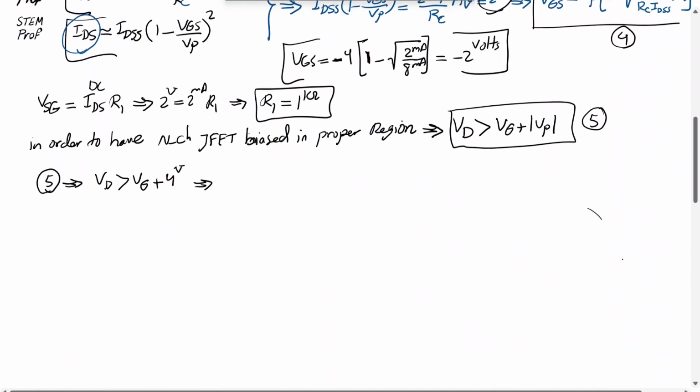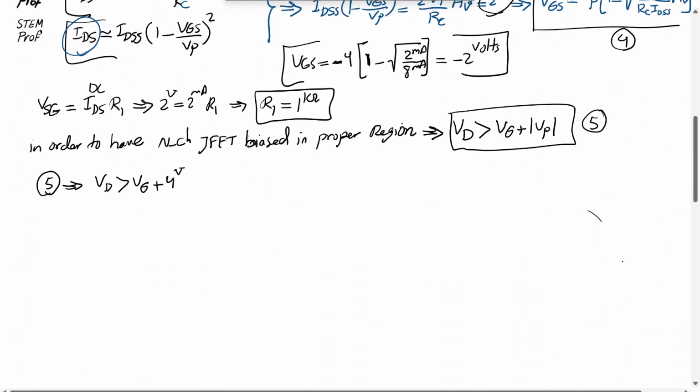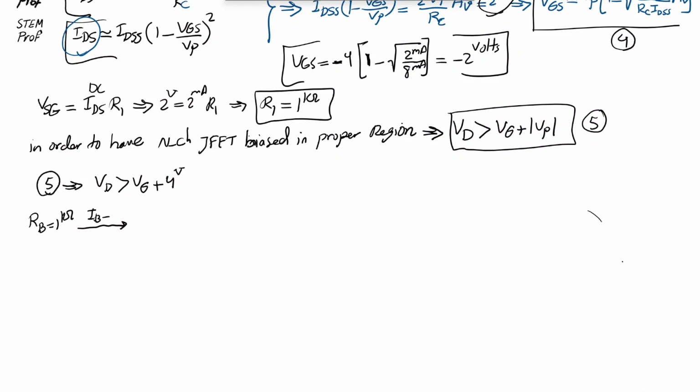So I'm going to write it here. I know that with RB selected to be 1 kilo ohm, and given that I base, which is IC over beta, is 1 milliamp over 100, which is 10 microamp, then I know the voltage of base DC is just on the order of -10 millivolt, which is roughly 0.